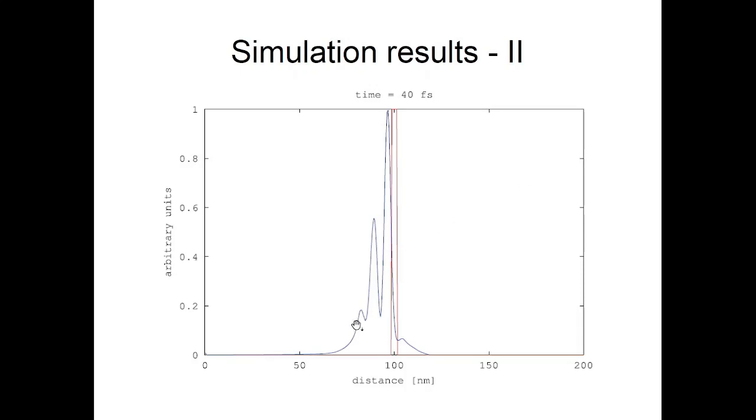Now we have 3 peaks on the left hand side of the barrier, but we have a prominent tunneling happening through the barrier, and also on the right hand side of the barrier.